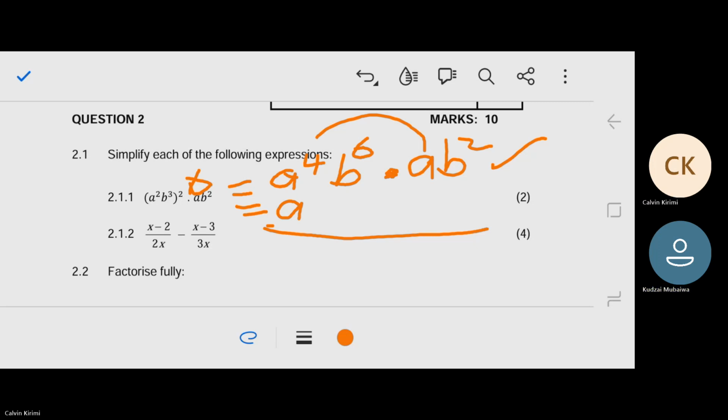Which one? It's a to the power 4 multiplied by b to the power 6 multiplied by ab squared. What is the final answer? Sir, is it a to the power 4, b to the power of 8?